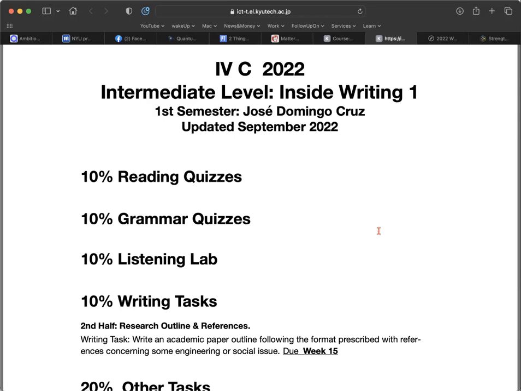Unfortunately, this university does not really care about your speaking skill. If this university wanted you to become an English speaker, all of this would be speaking, speaking, speaking. The university does not care about your real English skill. The university wants you to get a good TOEIC score.